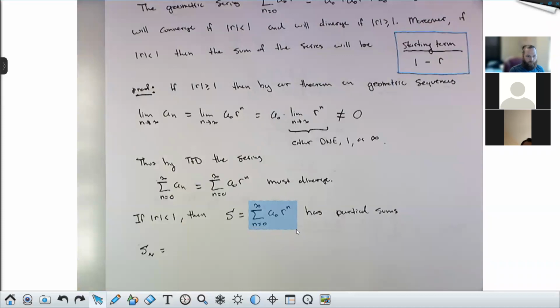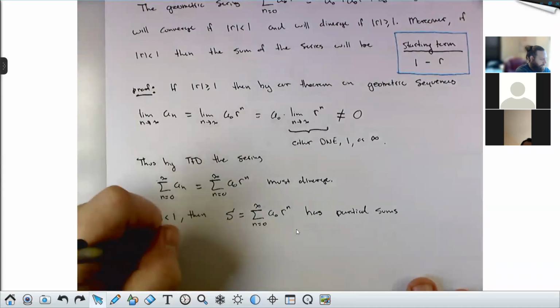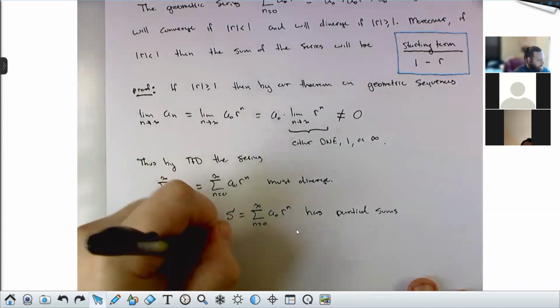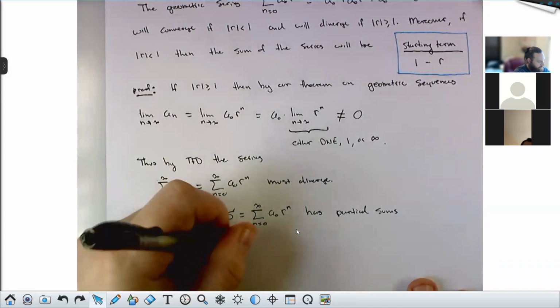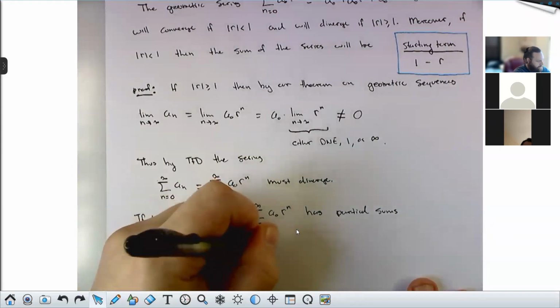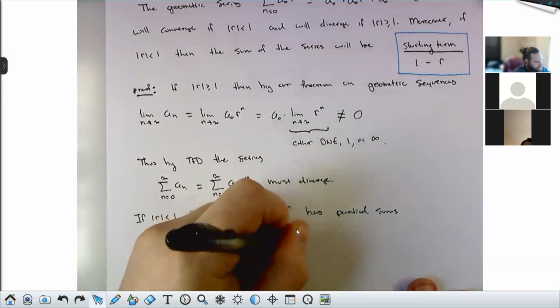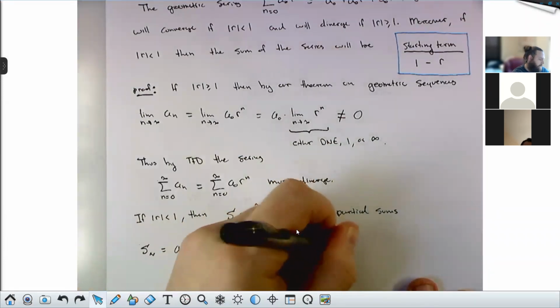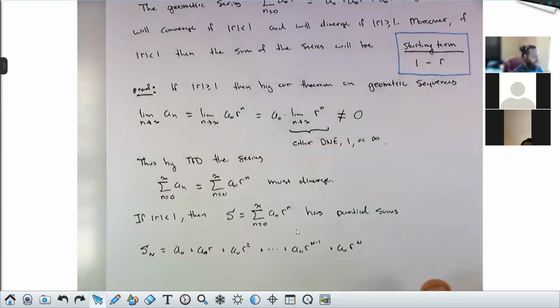Instead of going all the way out to infinity, we just sum up to capital N. So that would be a0 plus a0r plus a0r squared plus the second to last term would be a0r to the n minus 1, and the last term would be a0r to the n.